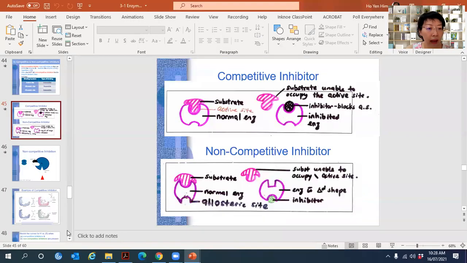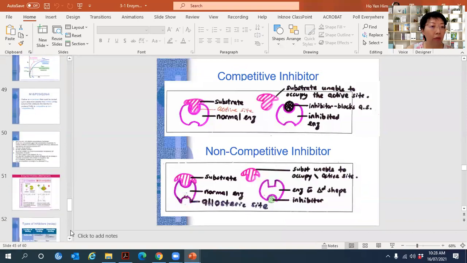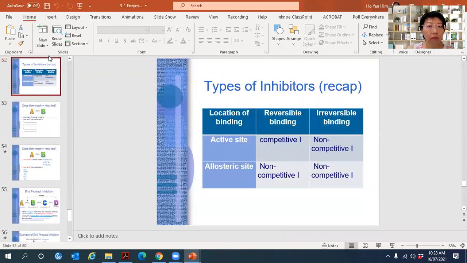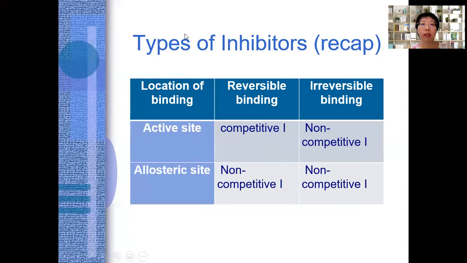Okay, so now look at the summary of the inhibitors that you have learned. There are two types of inhibitors, competitive and non-competitive. Now, for competitive inhibitor, where does it bind to?